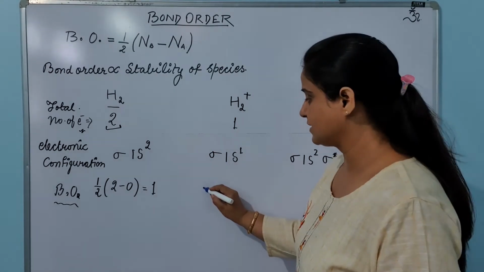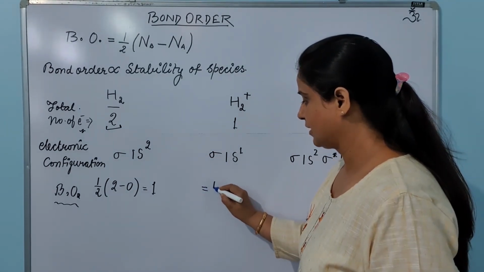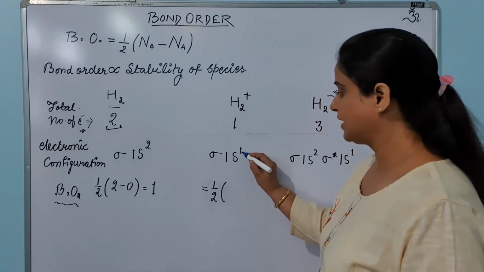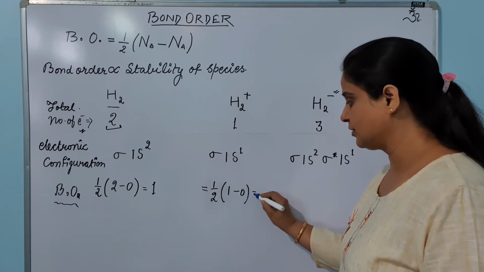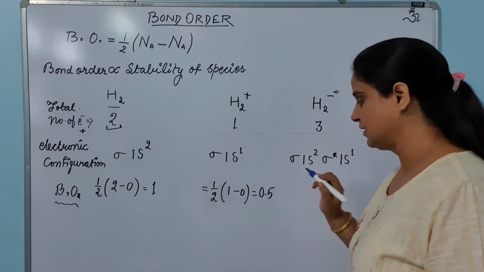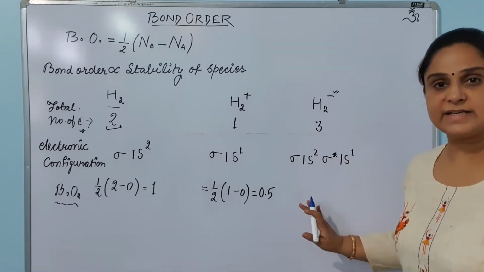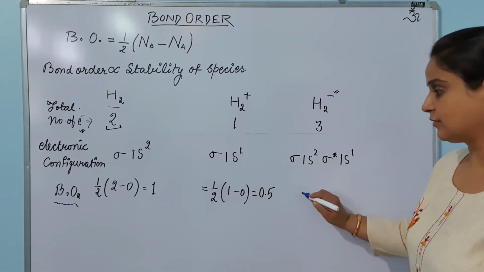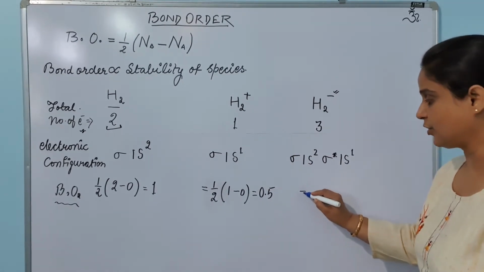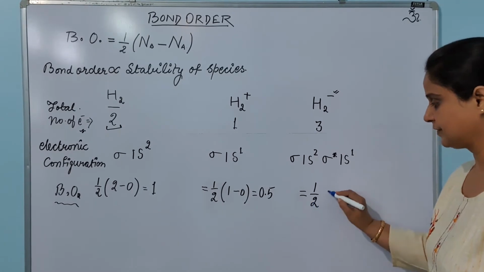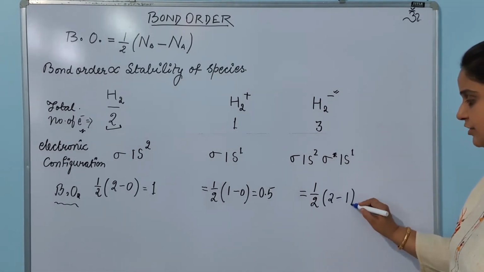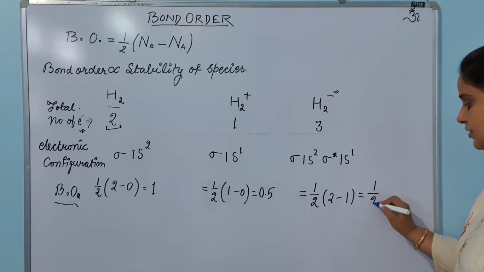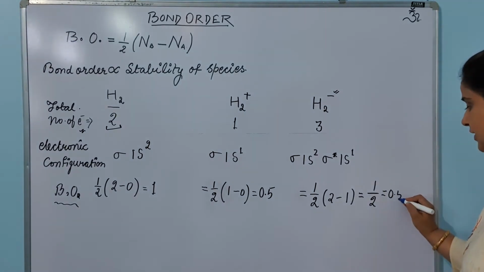Now the next one is half of the electrons in the bonding molecular orbital, which is 1, minus anti-bonding 0. So this becomes 0.5. Now what will be the bond order of H2 minus? Bond order will be half of 2 electrons in bonding minus 1 electron in anti-bonding. So it becomes 1 by 2, that is, again 0.5.